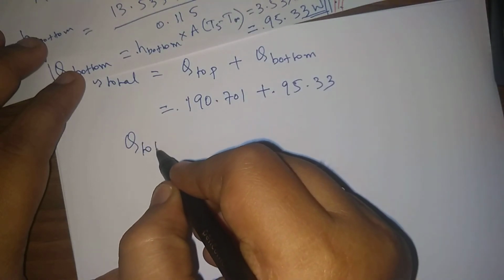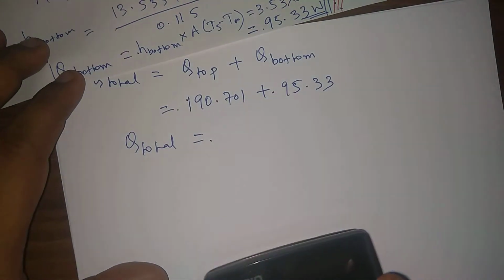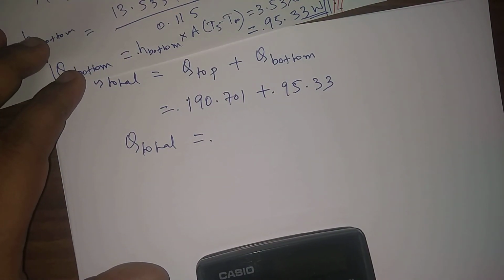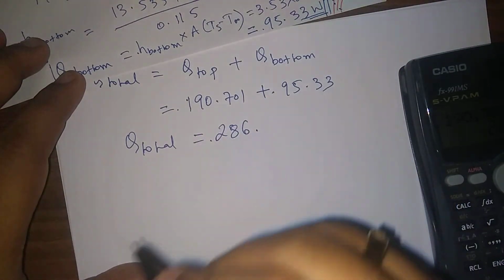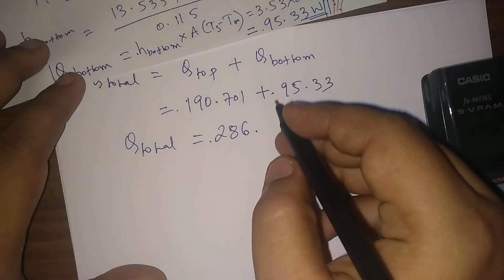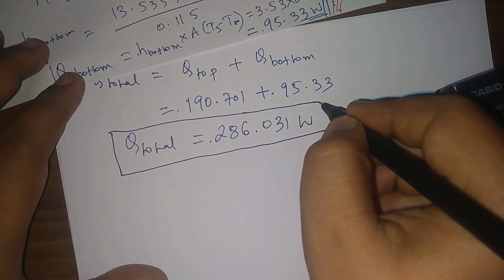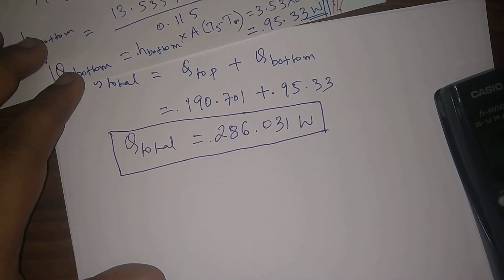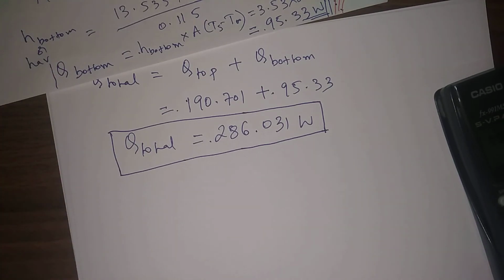Therefore Q total is turning out to be around 286.03. So this is how you are supposed to calculate the Q total for the horizontal flat plate condition.